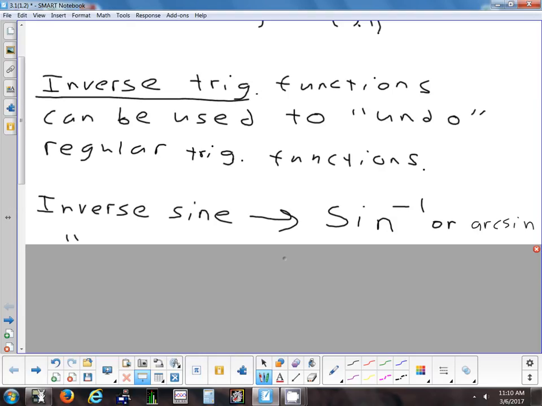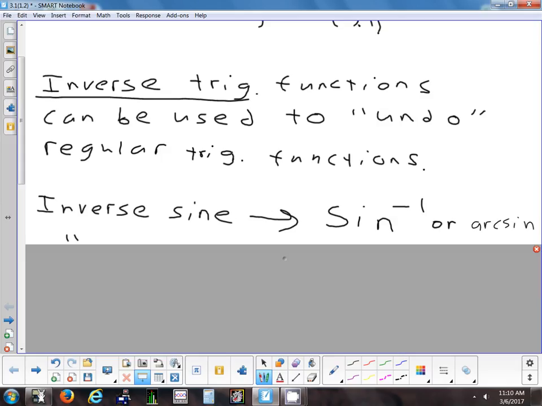When we write out inverse sine, we normally don't write it out like I have on the left here. We use this symbol. It's a sine with a -1 up higher. That -1 is not an exponent. It's a little confusing because that is the spot where you would normally put an exponent, but it's not an exponent.